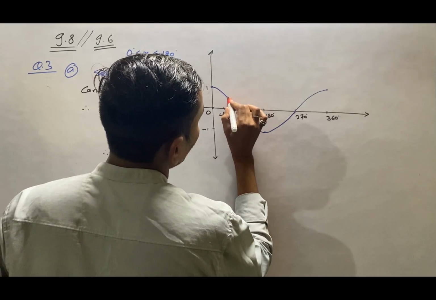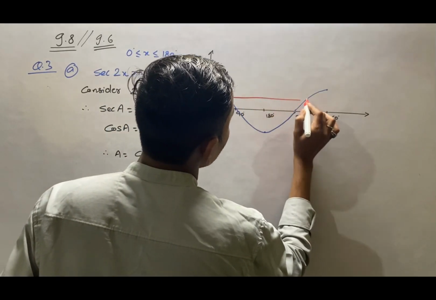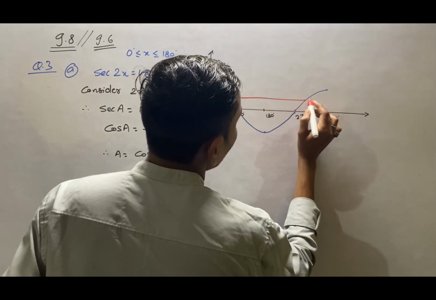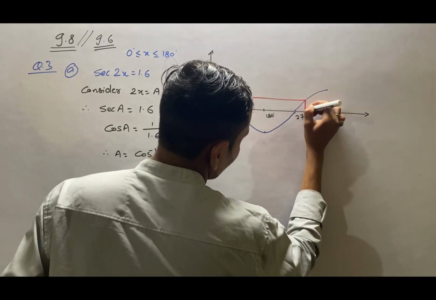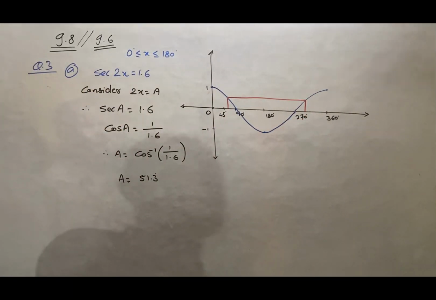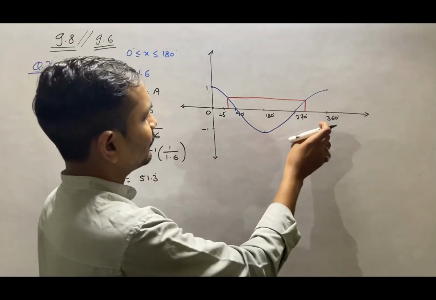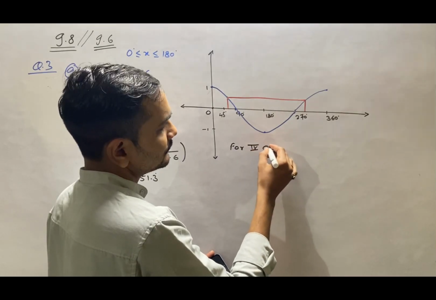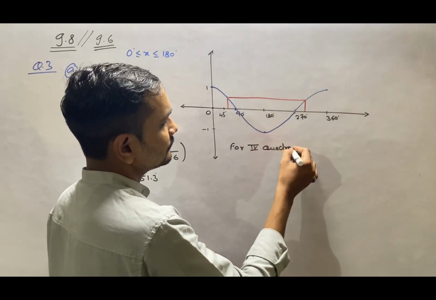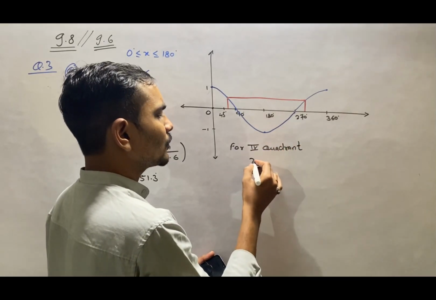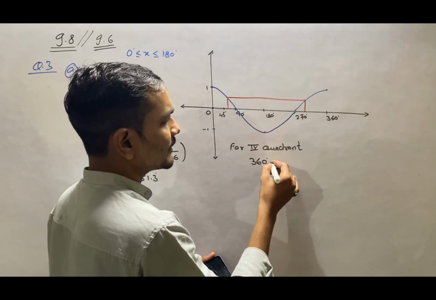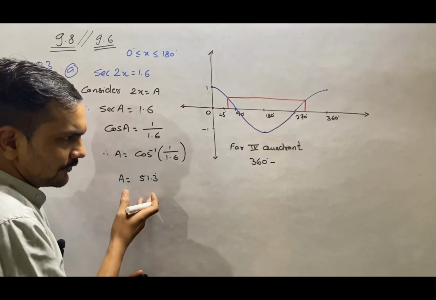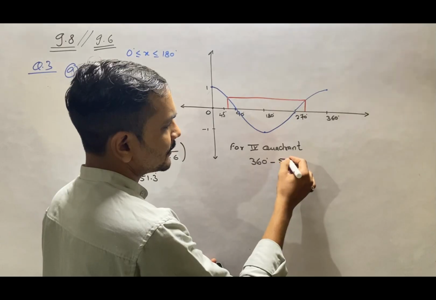Now draw a parallel to the x-axis and then again perpendicular on x-axis. So in the fourth quadrant, what we will do is 360 minus the angle we get, 51.3.